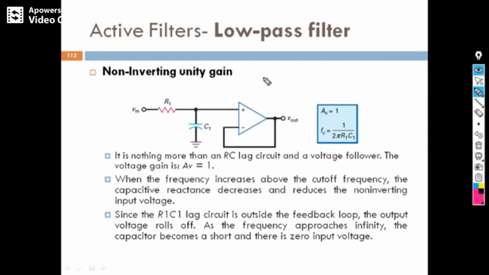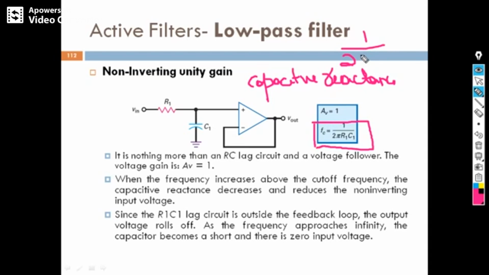A capacitor provides capacitive reactance. The formula for the capacitive reactance is 1 by 2 pi FC.